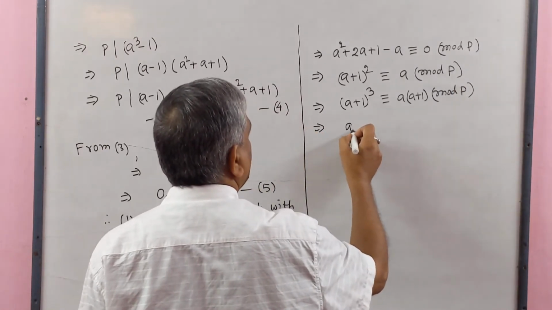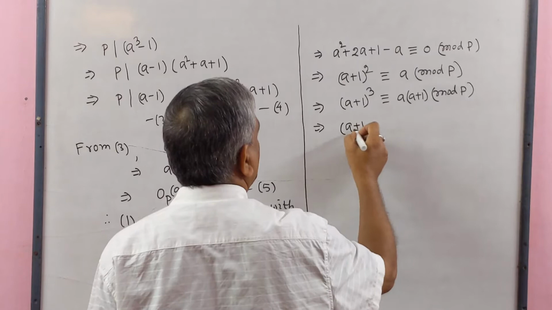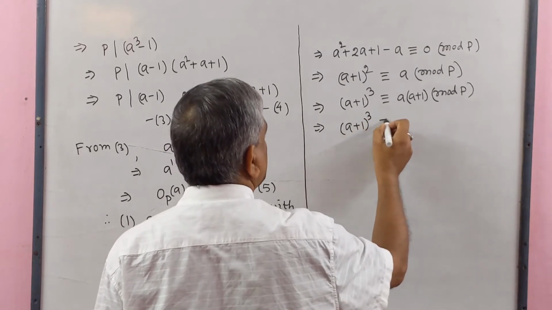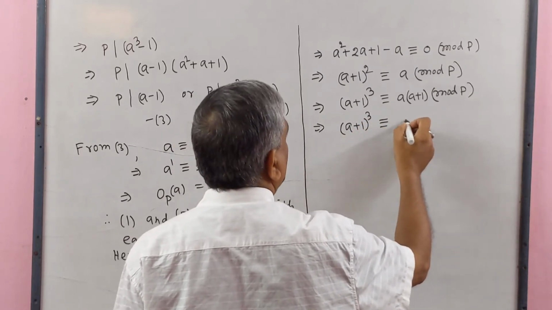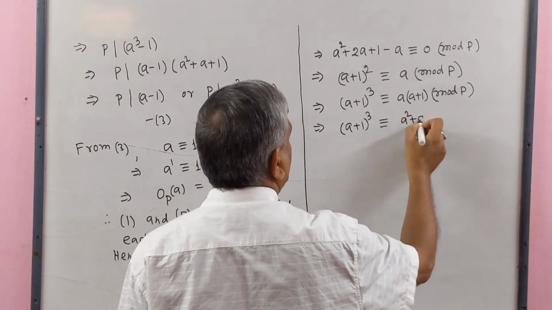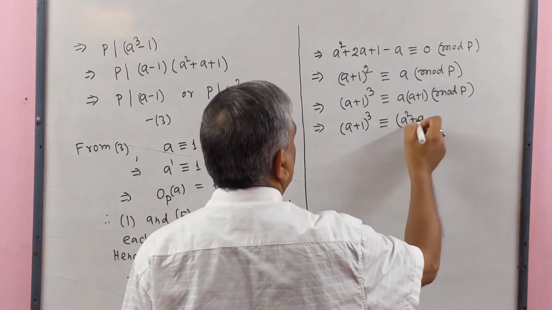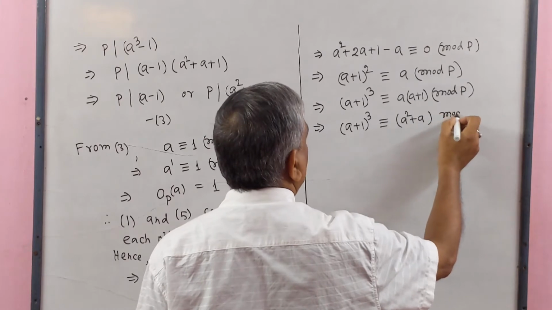Implies that a plus 1 whole cube is congruent to a square plus a modulo p.